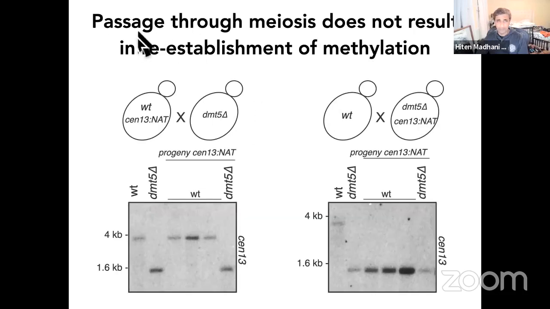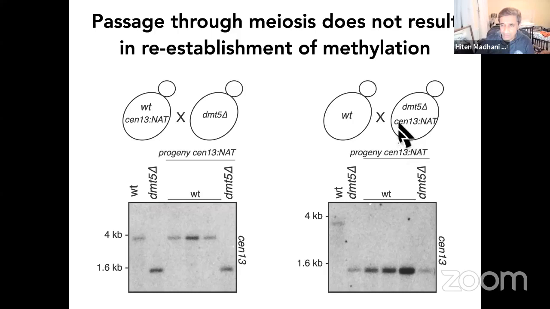We can also do a cute experiment where we ask whether passage through meiosis is able to reestablish methylation. Often DNA methylation is established pre-meiotically during development, whether you're talking about plants or animals. I'm just going to go over the panel on the right here. All we've done is start with a marked centromere that's in the knockout strain, okay? So this centromere has no DNA methylation because it's in a knockout strain.